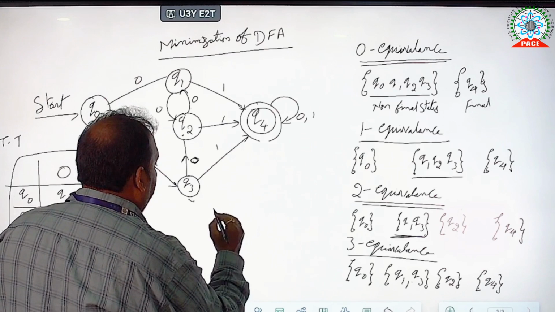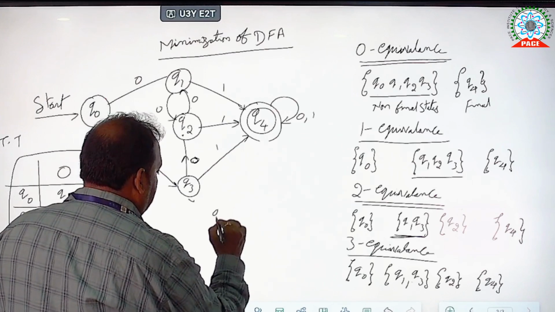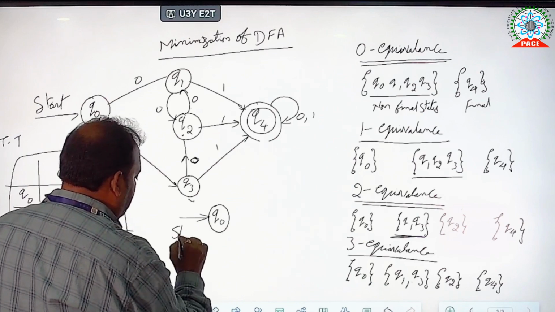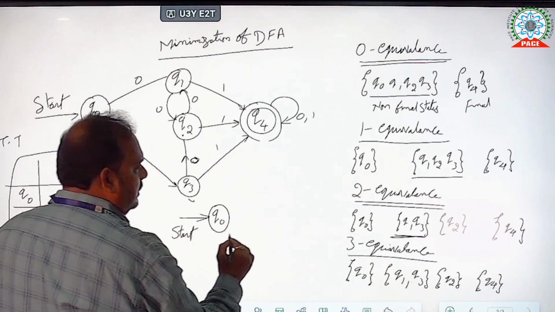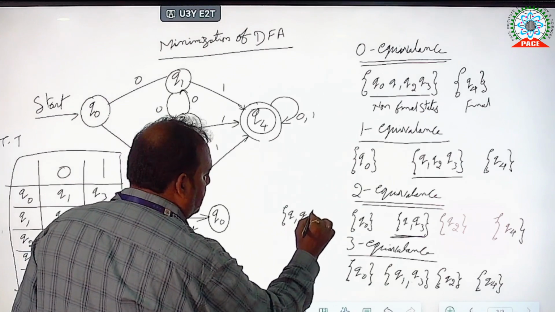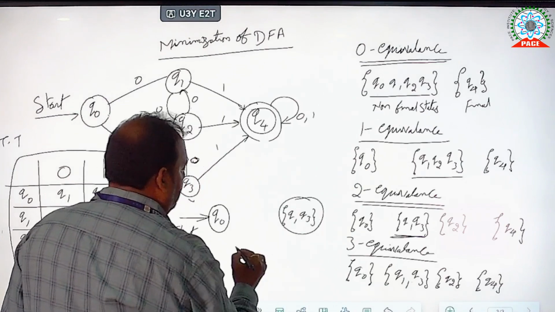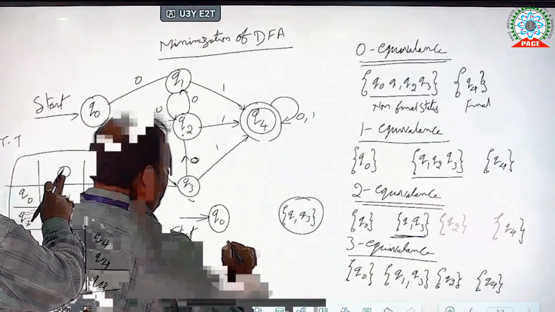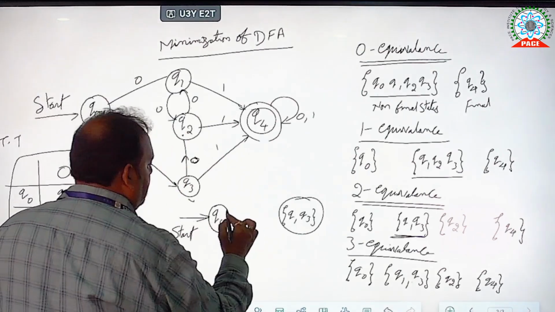Q0 is the starting state, and Q3 is a separate state. Q0 with a 0 transition reaches the Q1 state, and Q0 with a 1 transition reaches Q3.